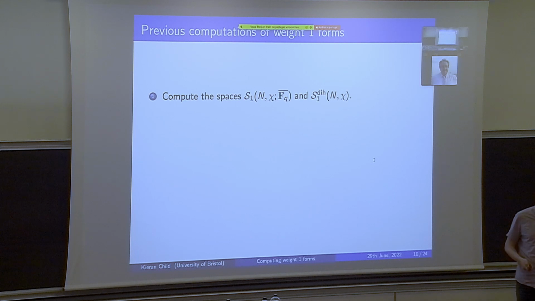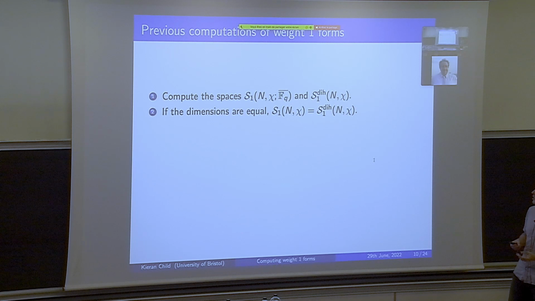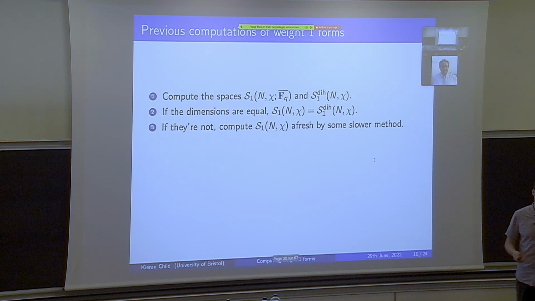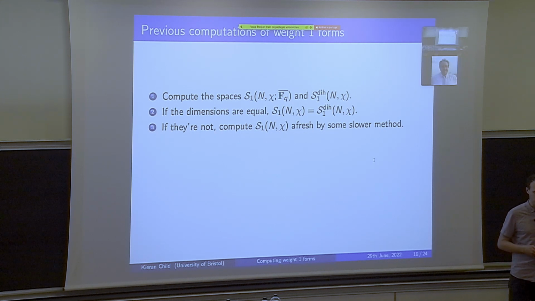But we can start, in step 1, by computing both these subspaces. And if the dimensions are equal, great. The weight 1 space is just the dihedral space, and we've already got everything that we wanted. So that's fantastic. But what if it's not? Well, then we just have to actually do the computation that we said we were going to do, and this will be by some slower method. This general approach has been adopted a number of times.